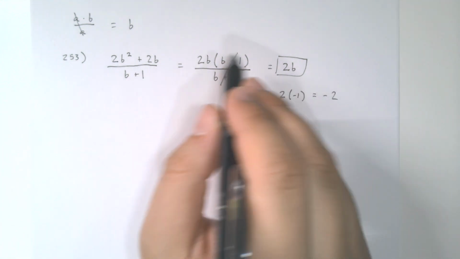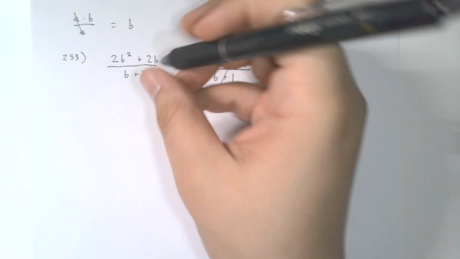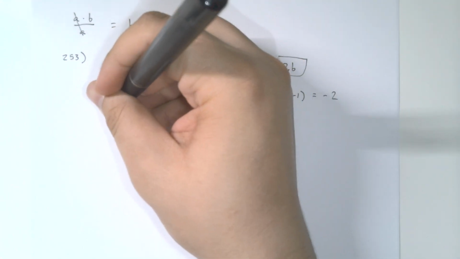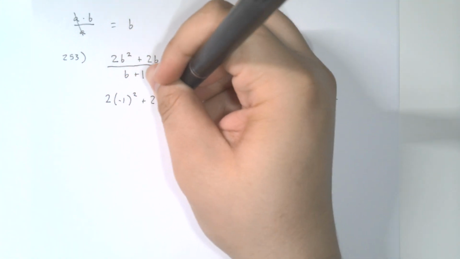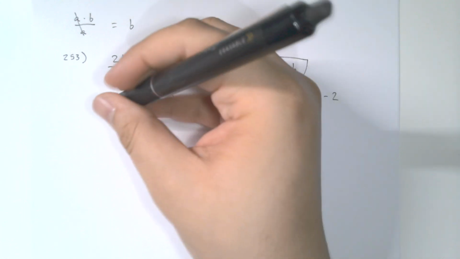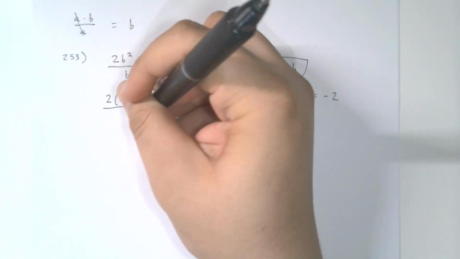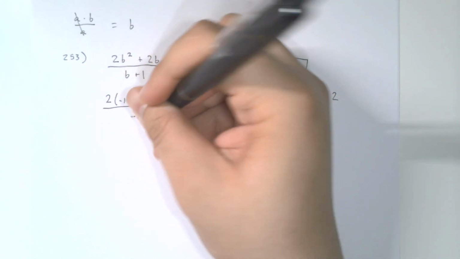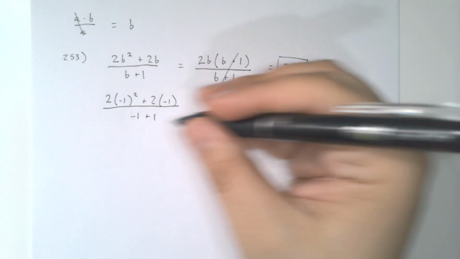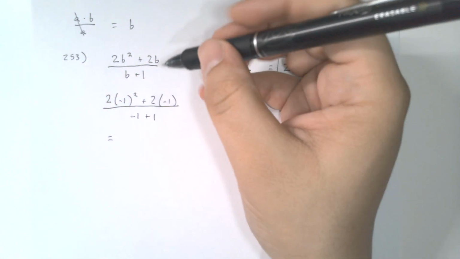But if these two things are equal to one another, I should be able to plug in negative 1 over here. And if I do that, I have 2 times negative 1 squared plus 2 times negative 1 divided by negative 1 plus 1.